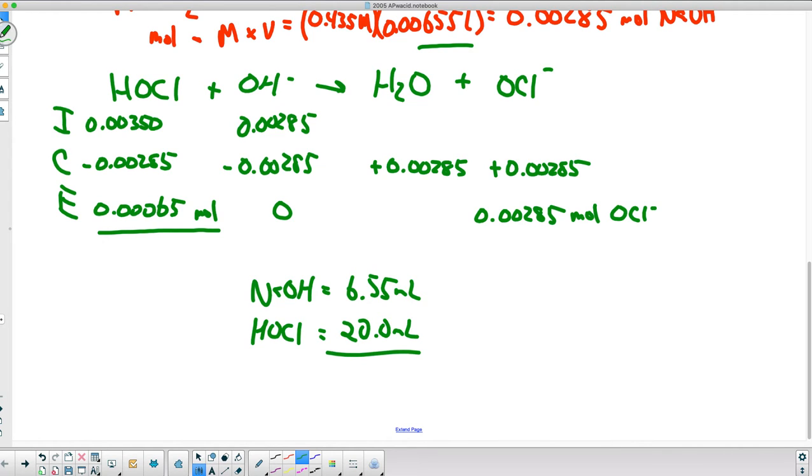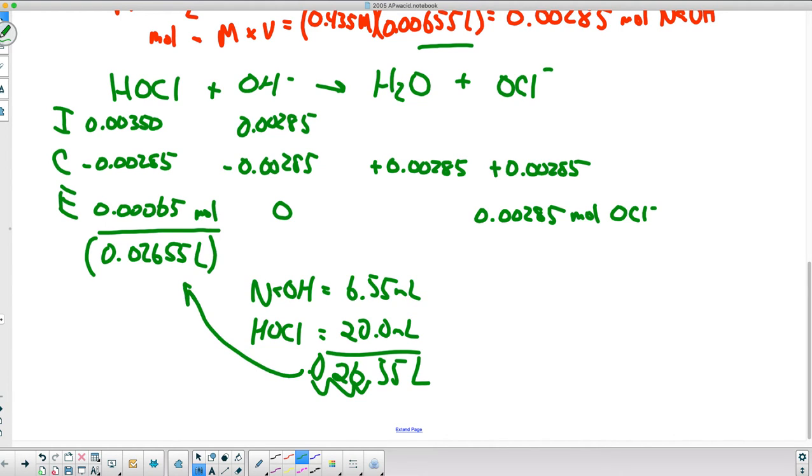When I add them together, I'm going to change it to 0.02655 liters: I add them together and move the decimal place 1, 2, 3 places to the left, and that turns my milliliters into liters. So now what I have here is the amount of HOCl that is left over after the reaction. That's what the E means, equilibrium, after everything's finished. So you can see that's where I got this number from.